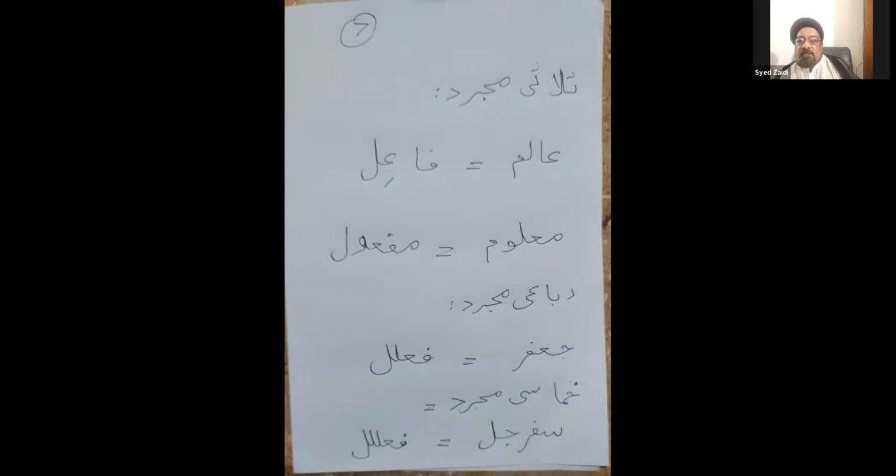We have learned that in Thulathi Mujarrad, when you see a word like, for example, alim, what is it? If you say that it is a 4-letter word, yes it is, but it's still Thulathi Mujarrad. Thulathi Mujarrad means a word with 3 letters.